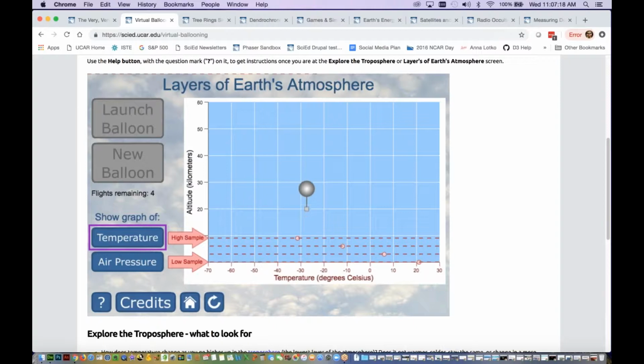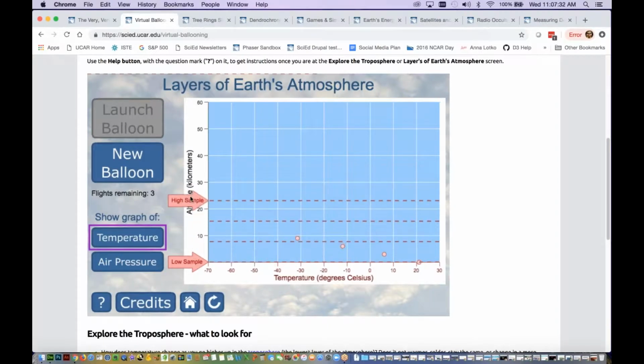If I launch a first balloon, we can see that the temperature is slowly decreasing as we go up, going from 20-ish degrees at ground level to minus 30 at about 10 kilometers.